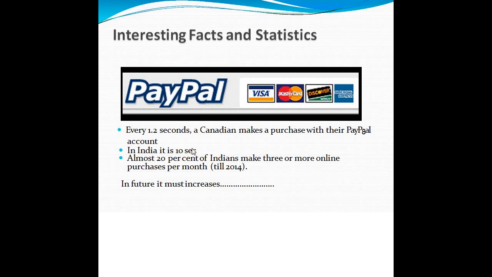So Canadians make an online transaction every 1.2 seconds, Indians every 10 seconds, and 20 percent of Indians make three or more online purchases per month. So in future it must increase day by day.